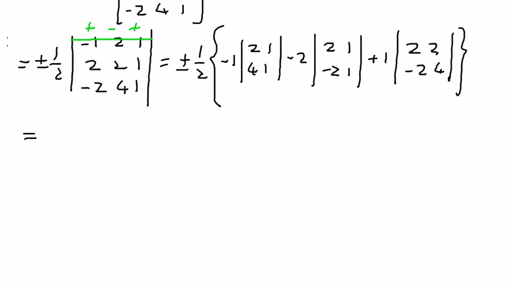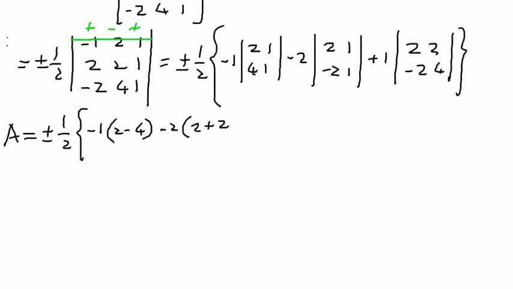When we expand that, the area is going to be plus or minus 1/2 of -1 times 2 times 1 is 2, 4 times 1 is 4, minus 2 times 1 is 2, -2 times 1 is -2, times negative will be +2, plus 1 times 2 times 4 is 8, minus 2 times 2 is 4, with a +4, right?